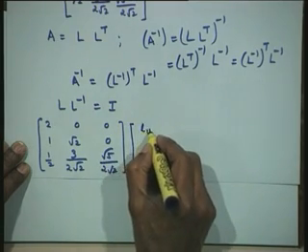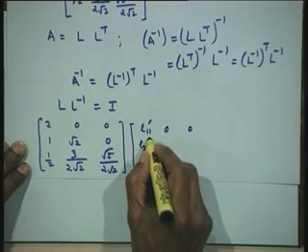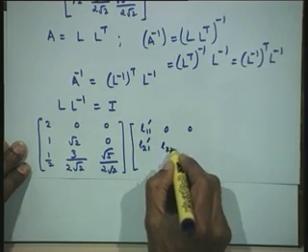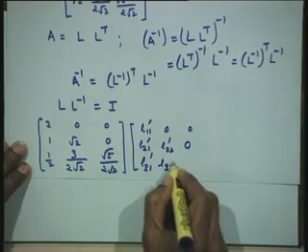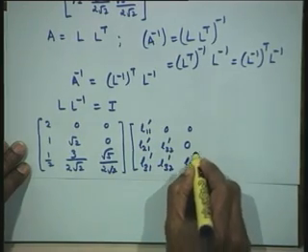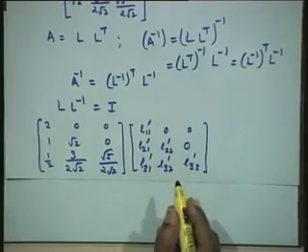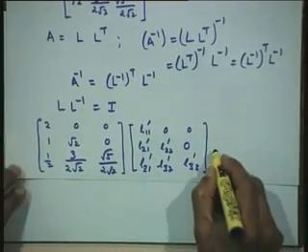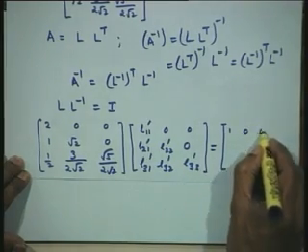Now let us call this L11 dash 0 0, L21 dashed, L22 dash 0, L31 dashed, L32 dashed, L33 dash. So just denote the elements by the dash terms. This must be equal to I.